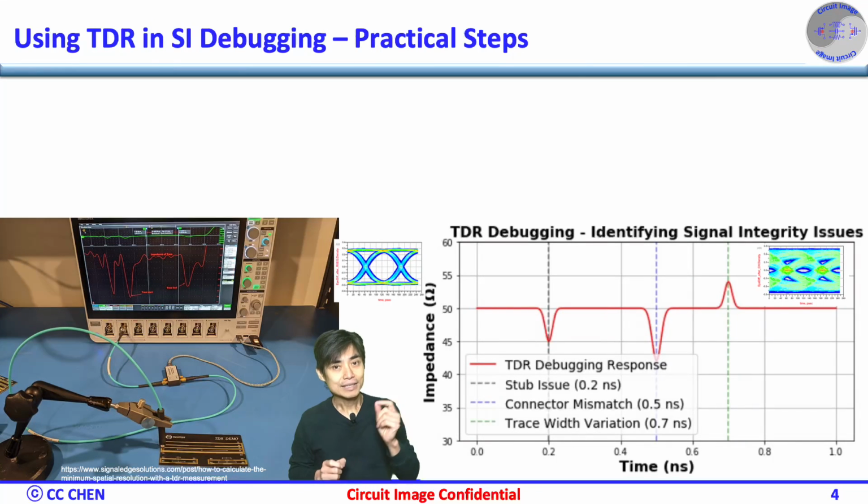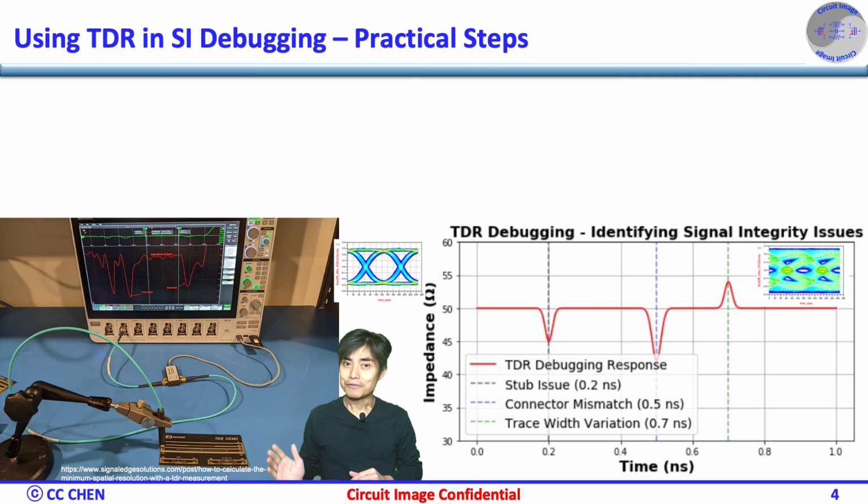Start by connecting a high-speed TDR oscilloscope to your SerDes interconnect. Launch a fast edge into the system and observe reflections. A flat trace means consistent impedance, while spikes indicate mismatches. Use the time delay of a reflection to determine where the issue is.